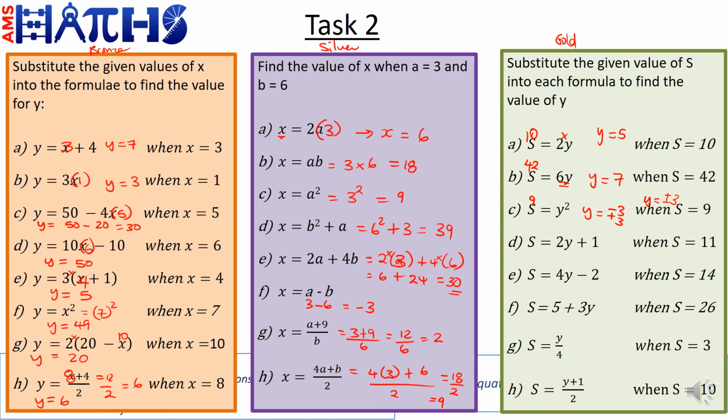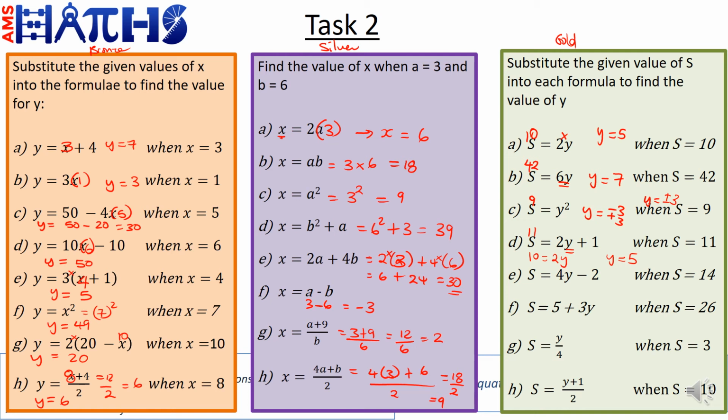Then for D, it says s is 11, so we need to find out what y is going to be. So first we'd have to take 1 from each side, which makes 10 equal to 2y, and so find out what we multiply 2 by to get 10, and that's y equal 5.